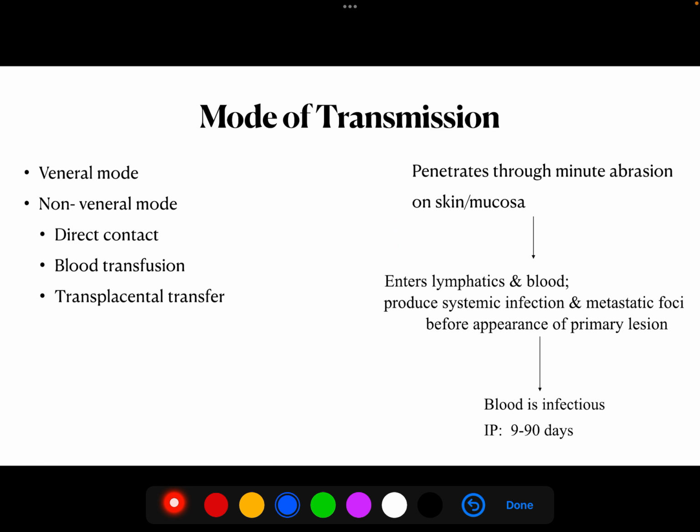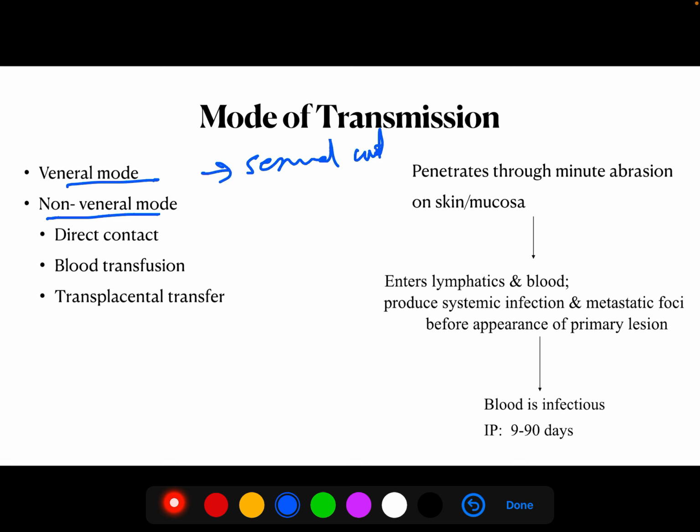Now coming to the mode of transmission of syphilis. Syphilis is transmitted by both venereal and non-venereal modes. Venereal mode, that is, it is acquired through sexual contact.